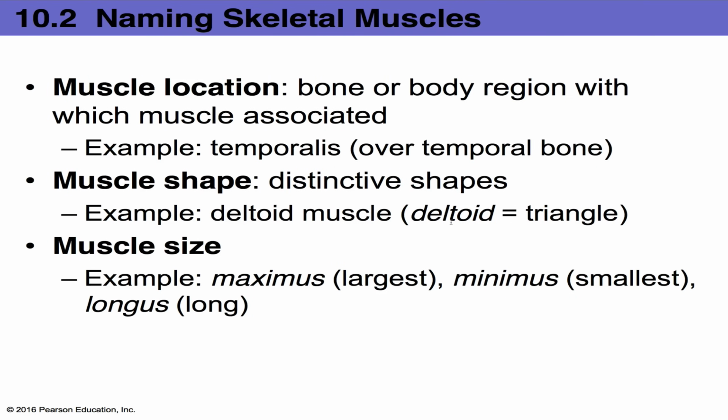Now, some muscles are named for their shape. Muscles have distinctive shapes. So, for example, when you look at the deltoid muscle, it's almost like a triangular shape. Deltoid means triangle. So you have this triangle-shaped muscle, deltoid. In addition to that, there's another muscle that's on your back. It has a shape like a trapezoid, so they call it the trapezius muscle.